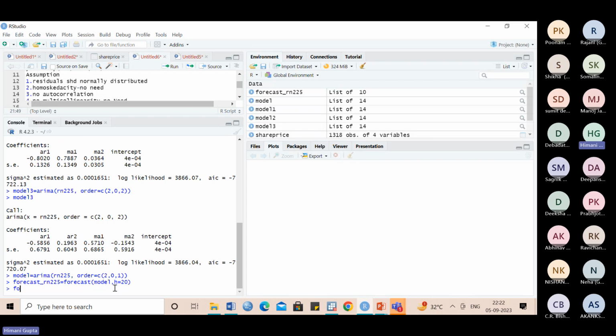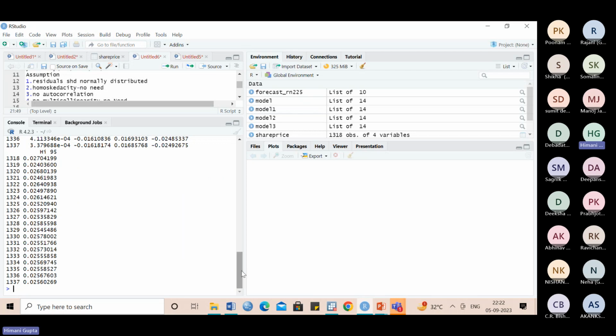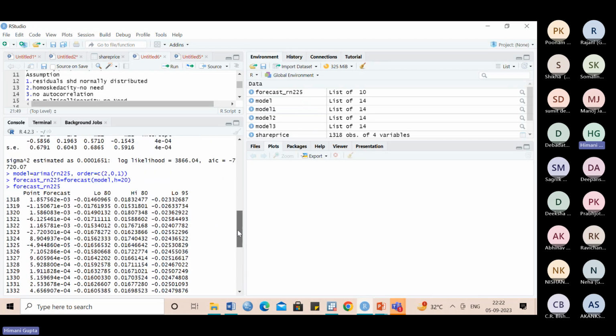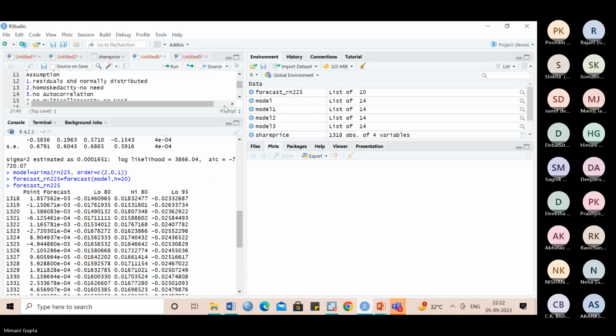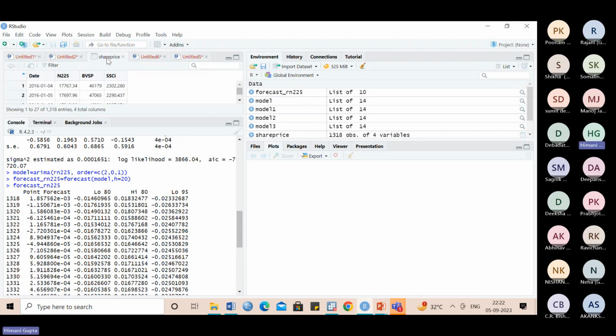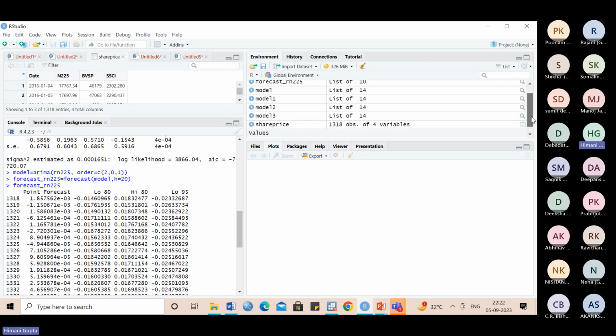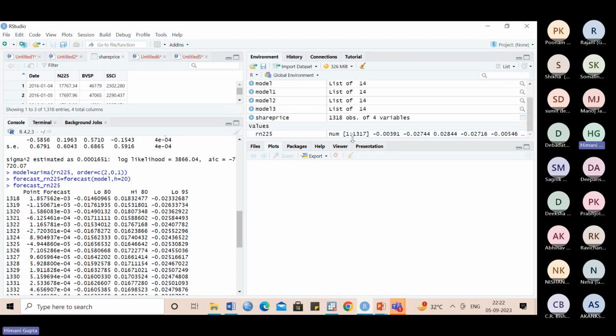Now I'll write forecast underscore rn225, and now you will see it has forecasted the next 20 terms. In the return series, just observe, rn225 is having 1317 observations.